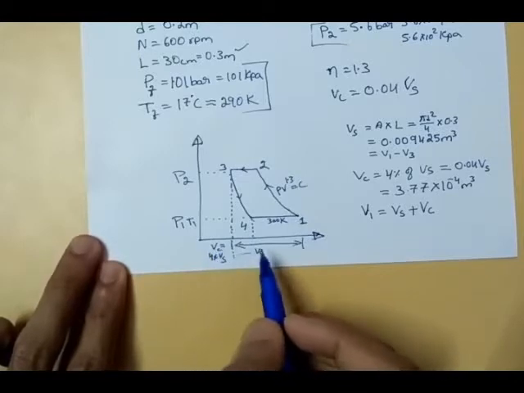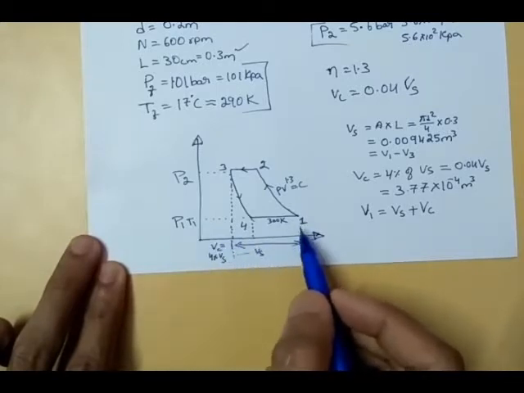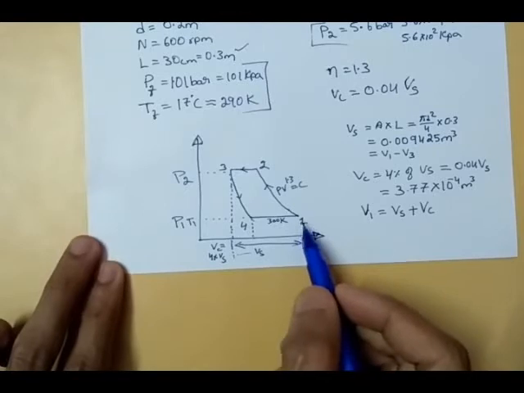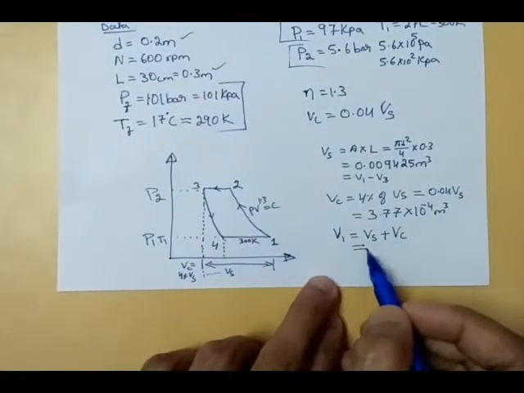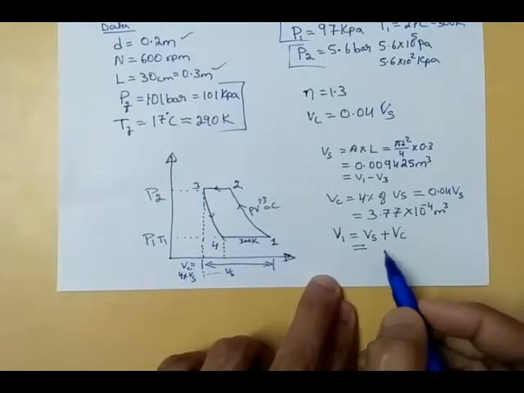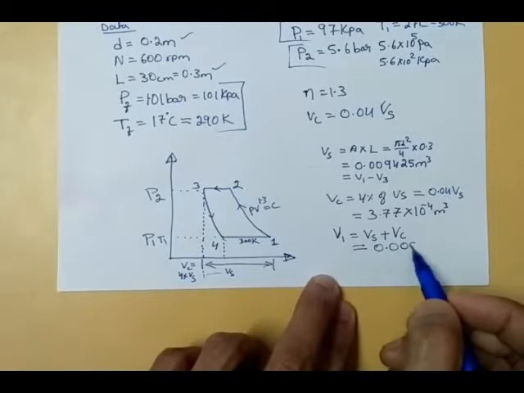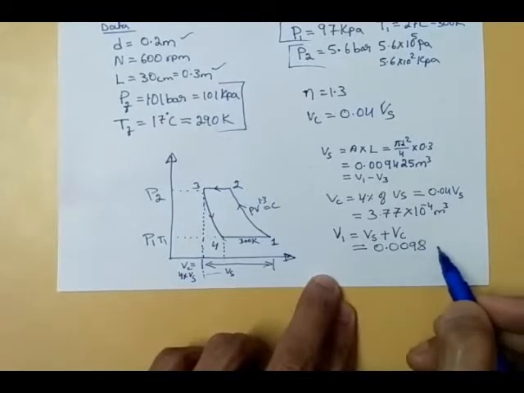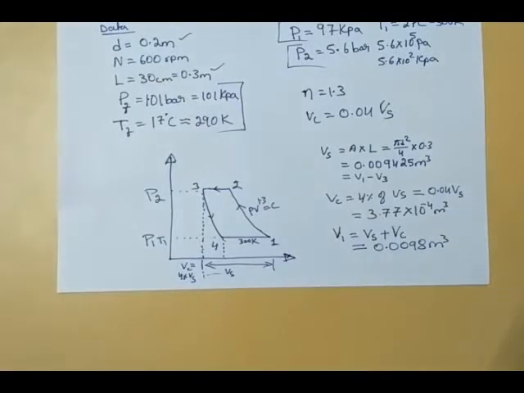Vs plus Vc gives you the total length, or we can say the complete volume till V1, that is Vs plus Vc, and that is equal to 0.0098 meter cube.